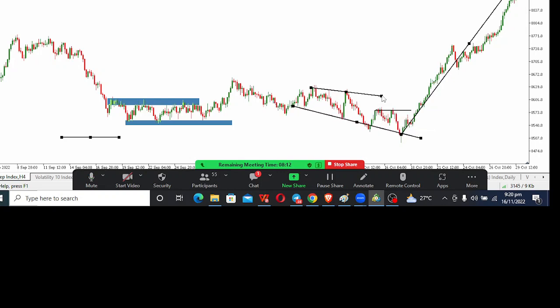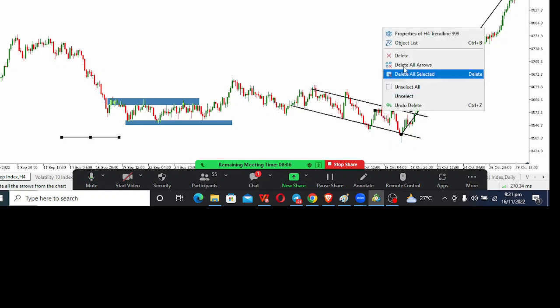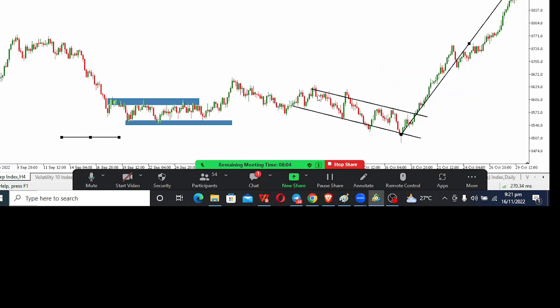We can say that the market was in a downtrend on the H4. But then the market moved all the way down here and then it went up. So if you switch to a lower time frame, this would be a very strong uptrend.